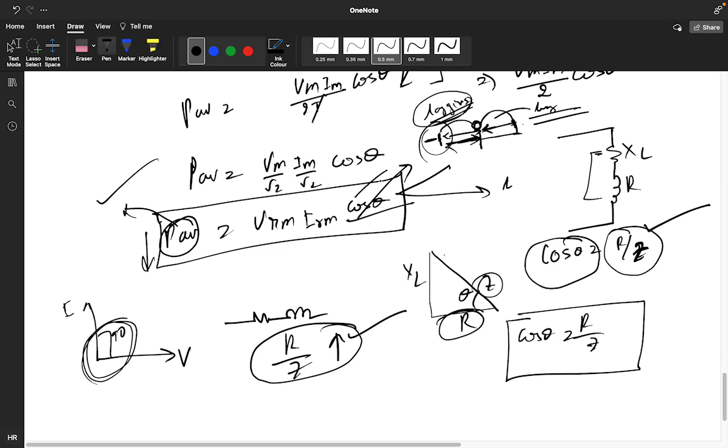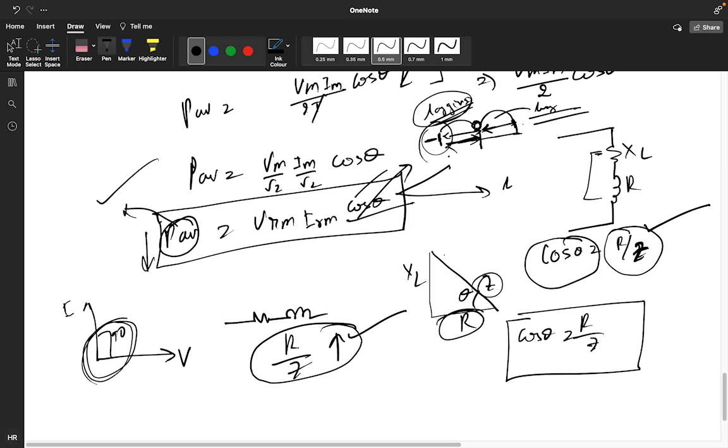But here you need to substitute the actual value, like 0.5, 0.2, whatever the value is coming. And you need to say that for an RL series circuit the power factor will be lagging.